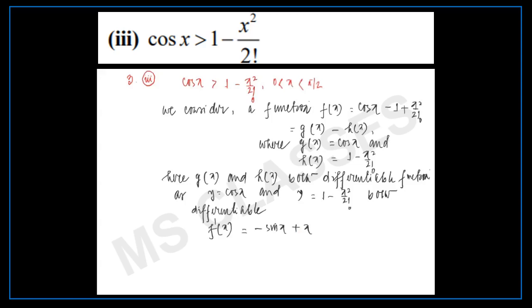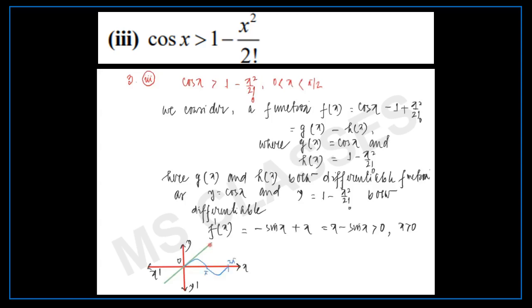Now when x is greater than 0, we know x is greater than sin x. We can see that from the graph also. This is the x prime origin, x, y. This is y equal to sin x. You can see this is pi, this is 2.